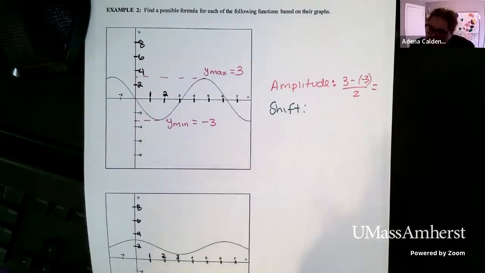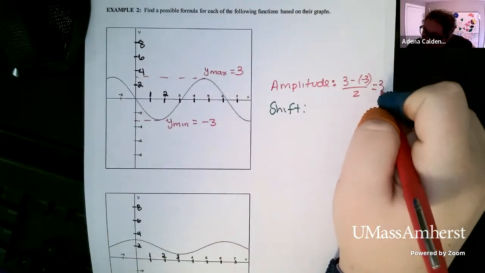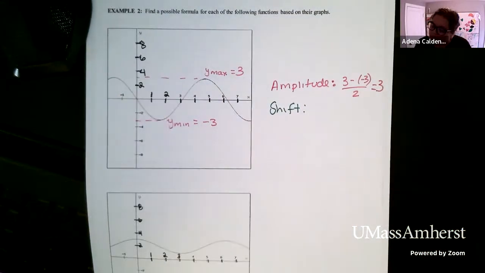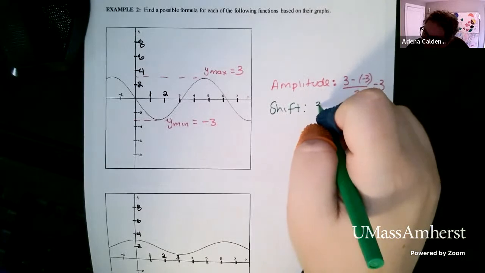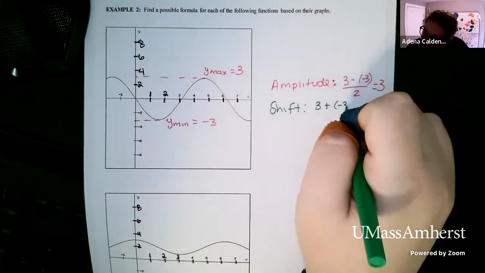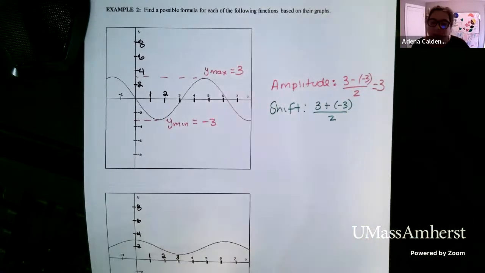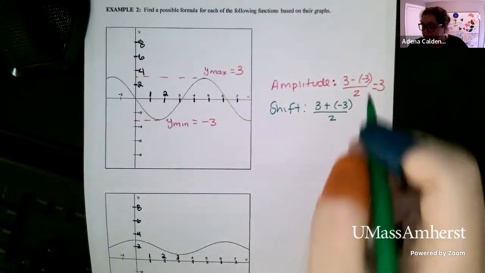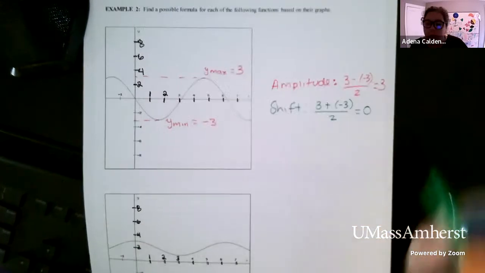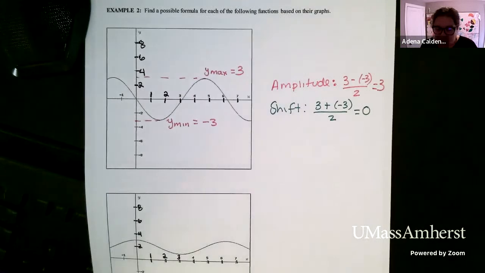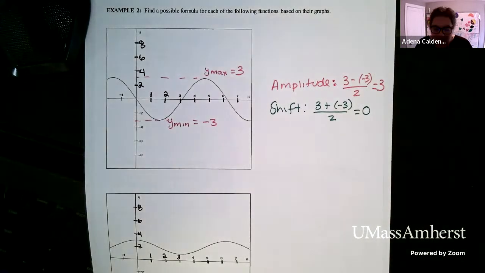Okay, be careful with the negatives. And that's going to give me an amplitude of 3. And for my shift, I'm going to do 3 plus -3 divided by 2. 3 plus -3 is 0. 0 divided by 2 is 0.